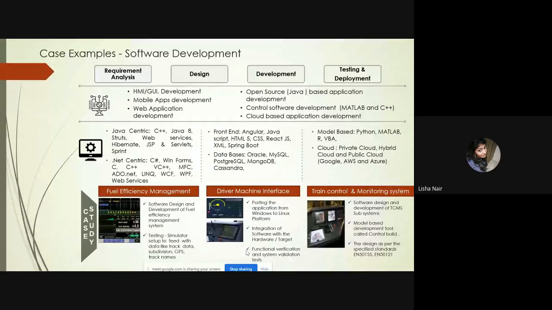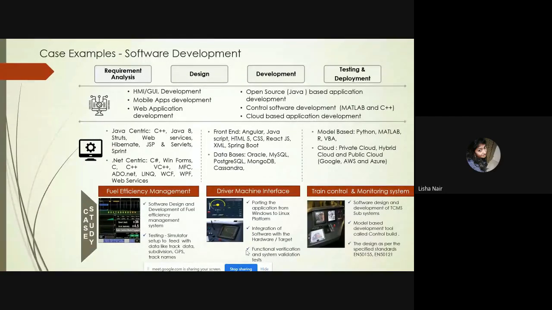That was on a Windows platform, which we tried to port to a Linux platform as well. These are the different systems that we had developed. I've taken some pictures to show you how those systems look.